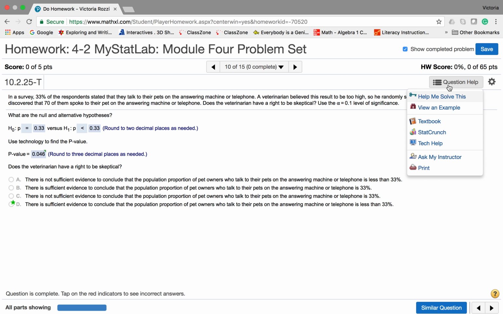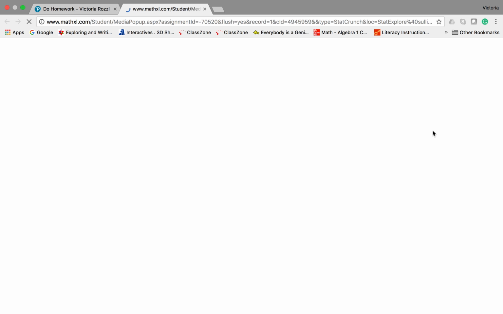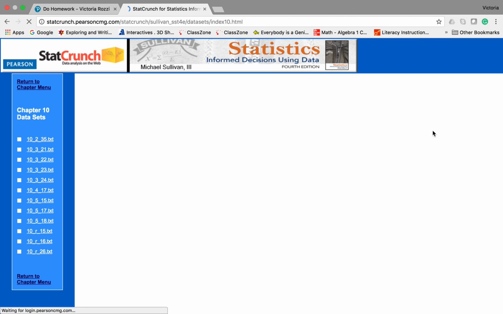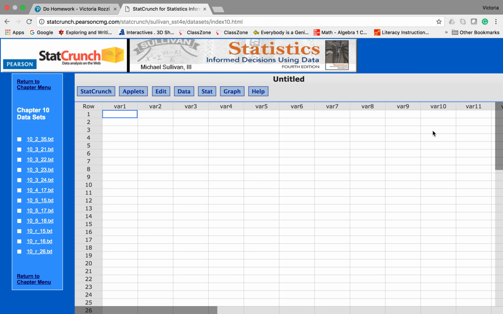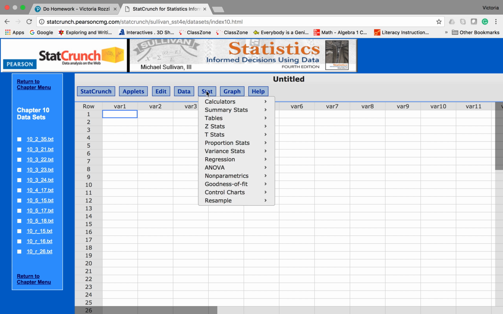So if we press question help and then click into StatCrunch, we want to run a hypothesis test for a proportion because this is a percentage proportion. So we're going to go to stat, and then proportion stats. We have one sample. He took one sample of, I believe, 250 people, and we have the summary.